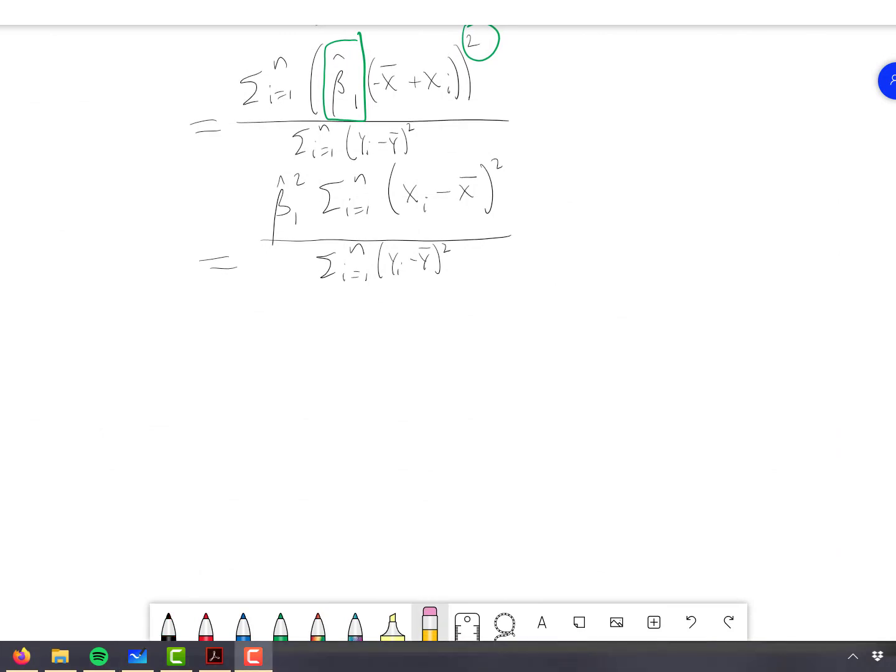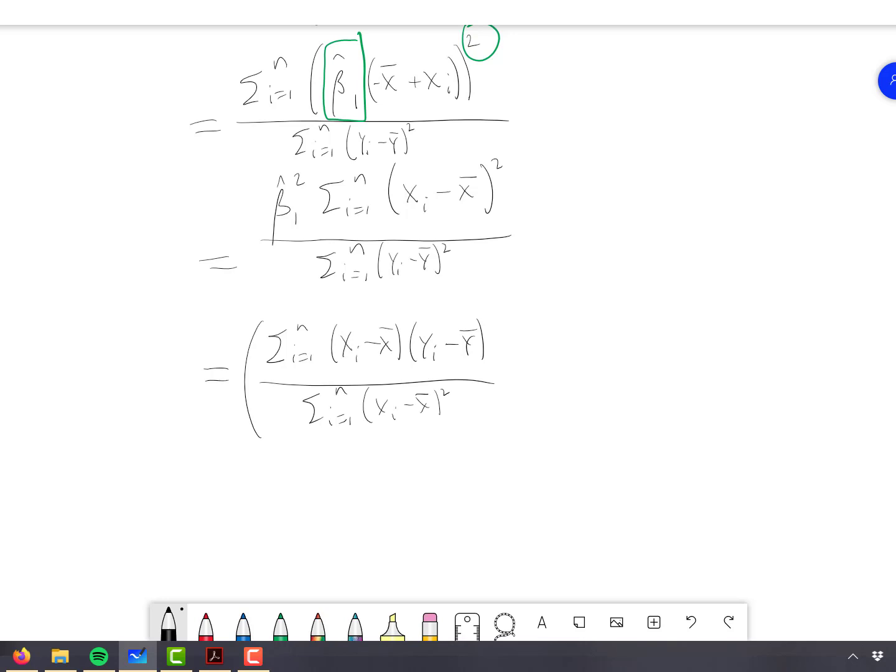Now at this stage, since we have beta 1 hat squared on its own, we can replace that with the actual equation we solved for from our summary formula. So in the next line of our equation, we have that representation: the sum from i equals 1 to n of x i minus x bar times y i minus y bar, divided by the sum of i equals 1 to n of x i minus x bar squared.